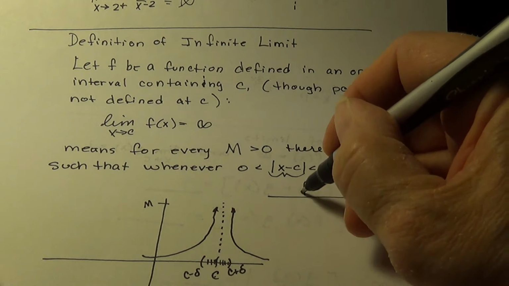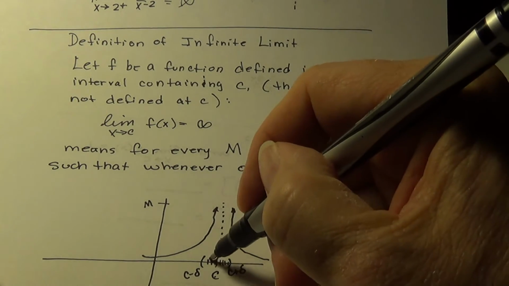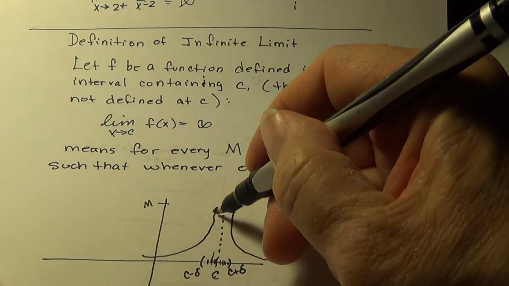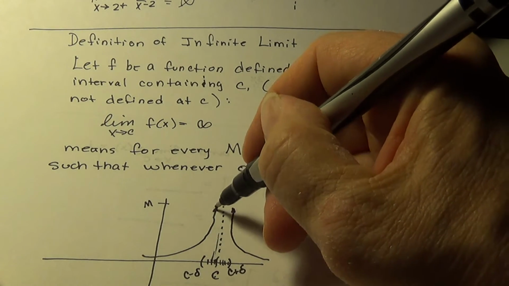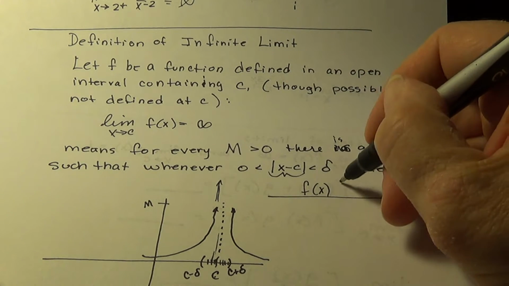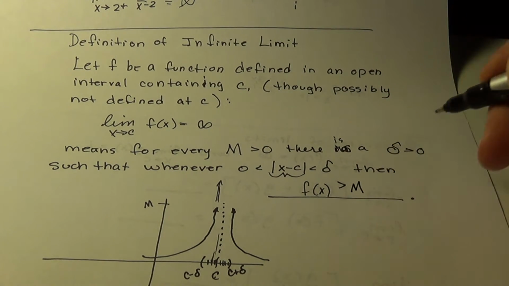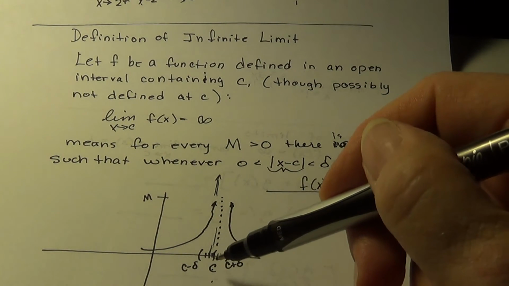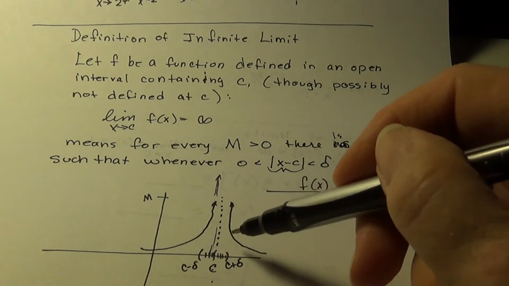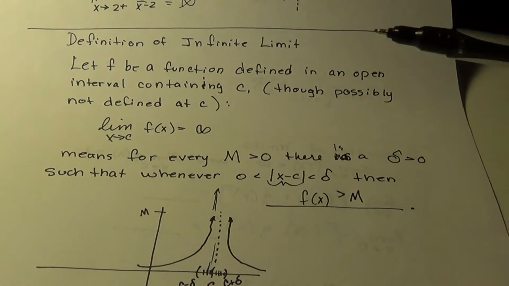F of x will have to be, what's going to happen as I get closer and closer to c? Can you see it's going to go up and up, and it's going to be greater than m. So no matter what m you pick, I can find a delta that will give you the function greater than m if the limit is infinite.